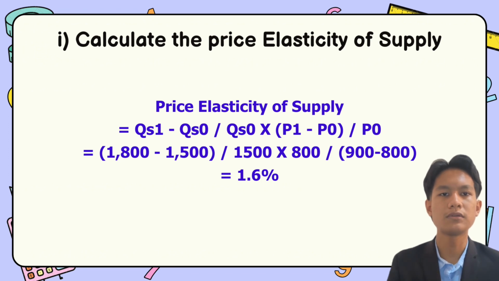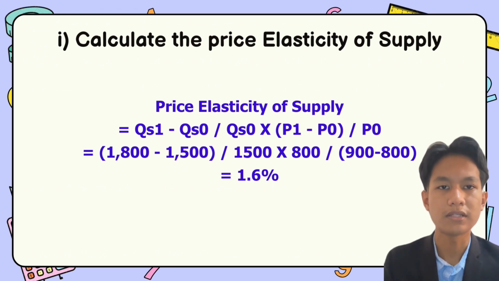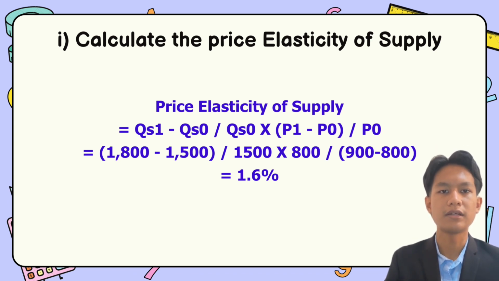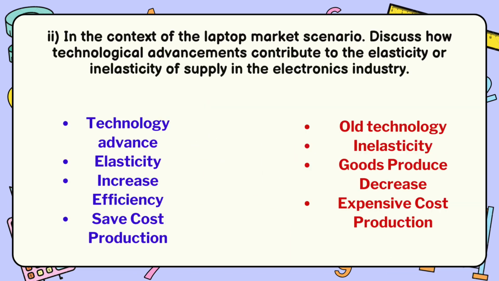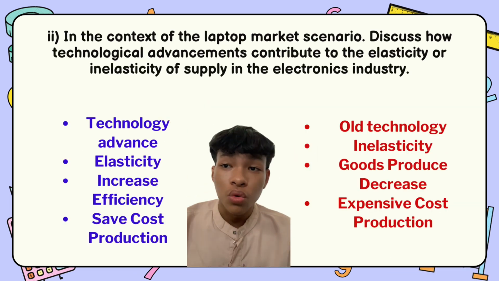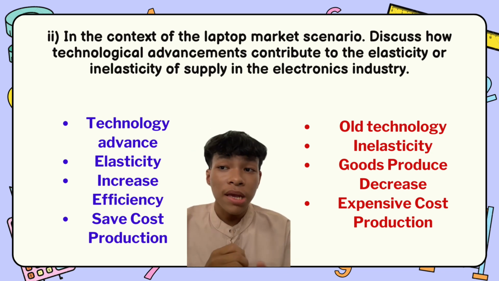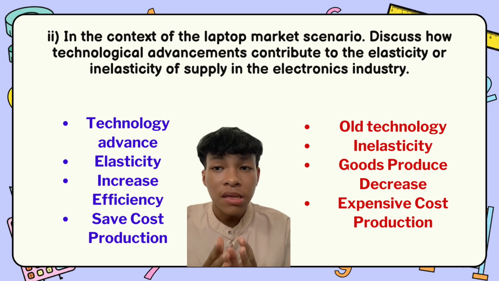So we go to the formula: 1,800 minus 1,500 divided by 1,500, divided by the new price 900 minus 800 divided by 800, the old price. So we got the answer, which is 1.6.